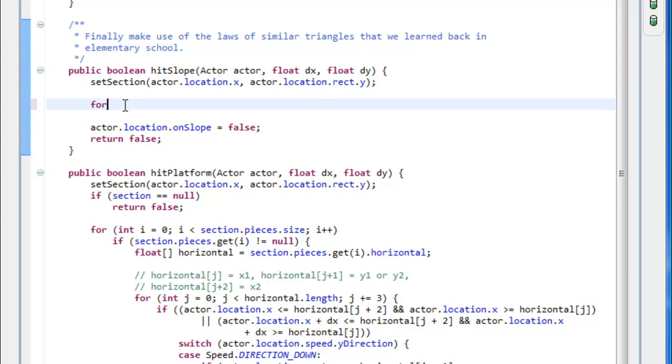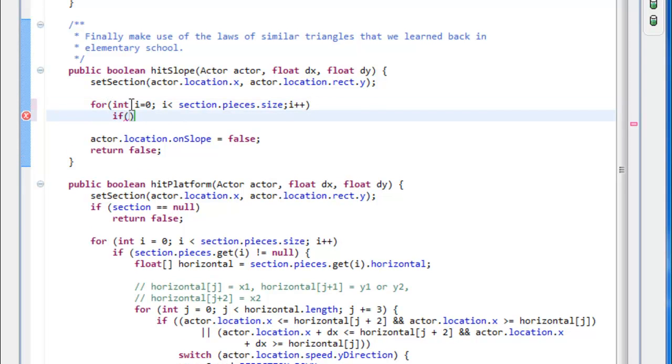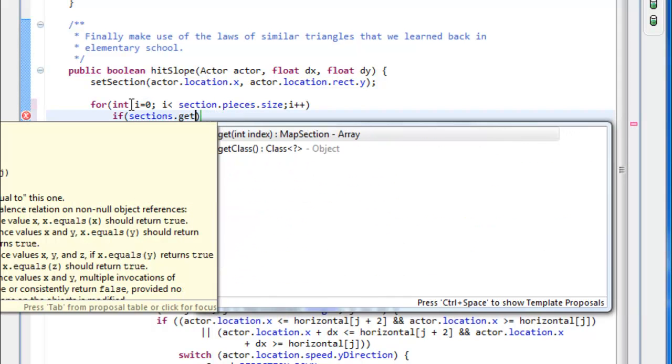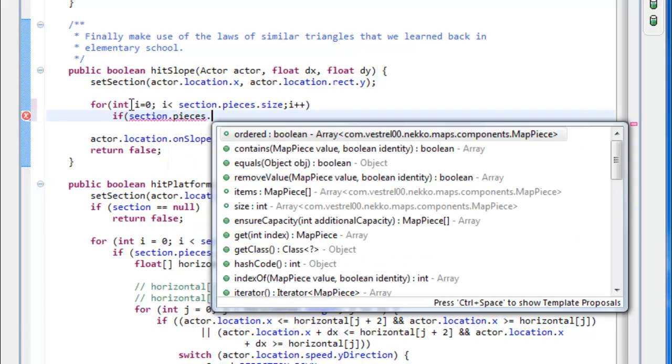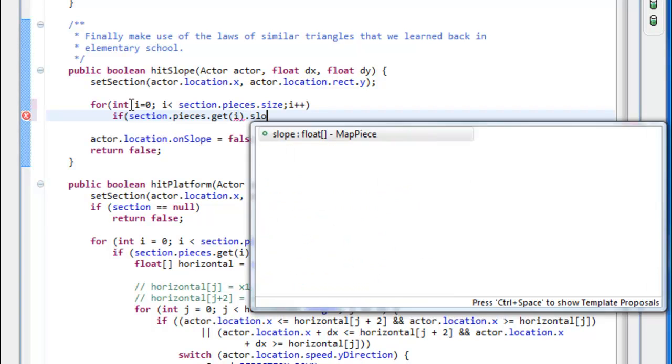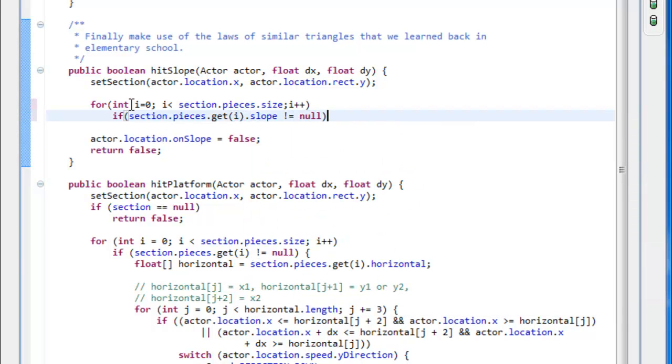Okay, so for int i equals 0, i less than section dot pieces dot size, and if section dot pieces, I mean, sorry. Avoid null pointer exceptions.